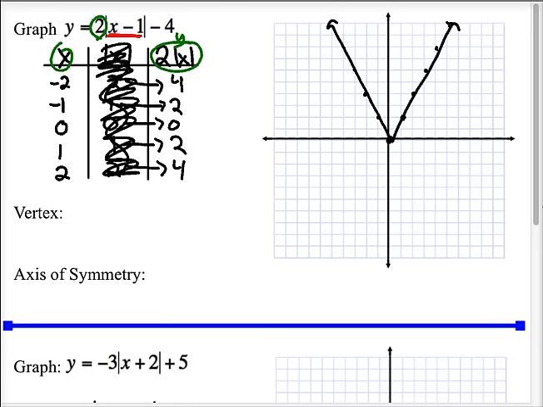Well, if you look right there, horizontally, what's happening? Well, a minus for horizontal means it's going to the right. And then this minus right here at the end means it's going down 4. So let's actually perform that. So right 1, down 4, 1, 2, 3, 4.